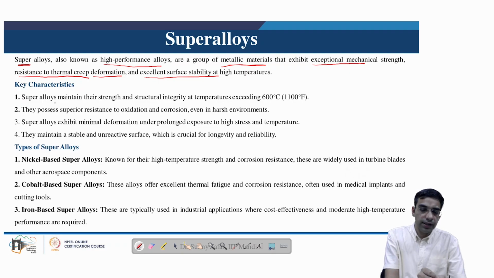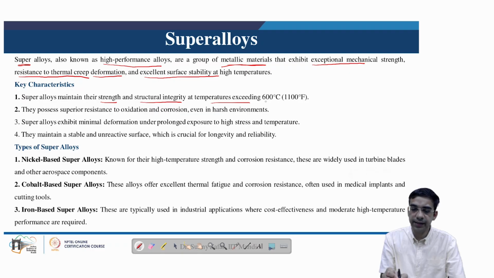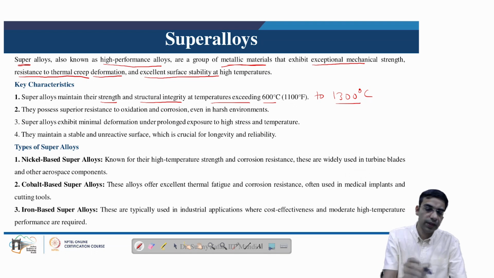Superalloys are known to maintain their strength and structural integrity at elevated temperature. Generally this temperature can exceed 600 degrees, up to 1300 degrees centigrade, which is well within the service temperature range of the superalloys.